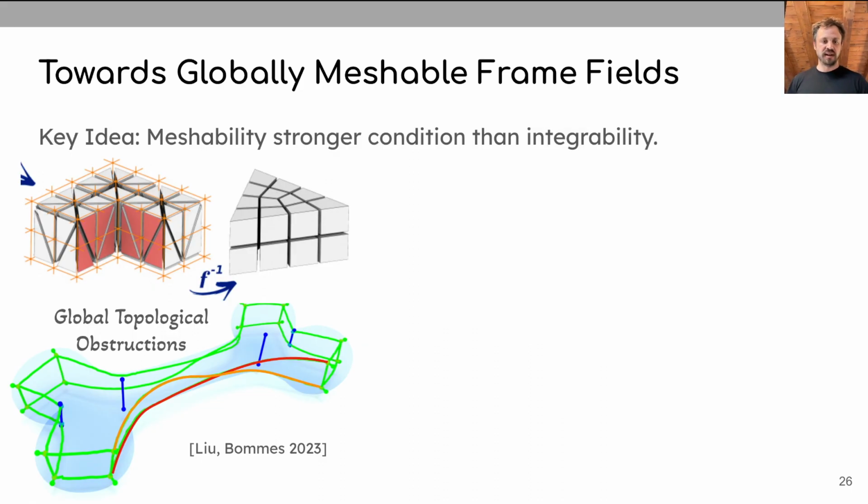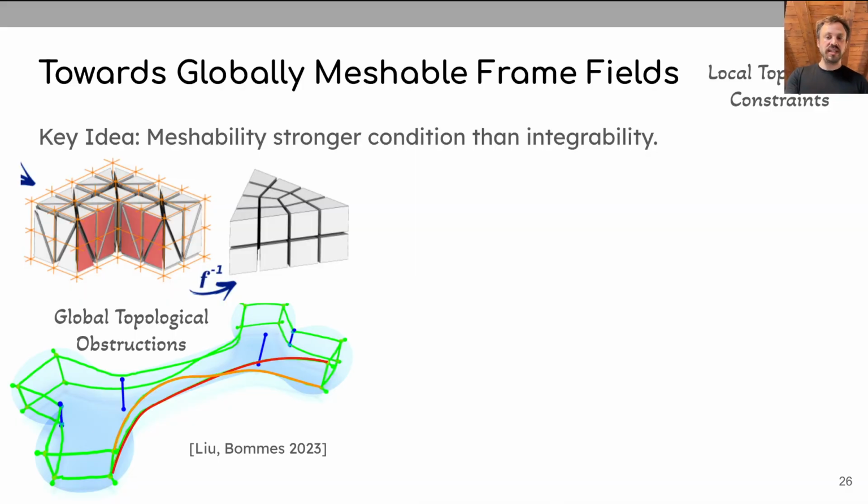Just because our local integrability residual is small everywhere doesn't guarantee that the resulting frame field admits a global parameterization. And here's a nicely illustrated example of a topological obstruction taken from the paper of Liu and Baums in 2023.